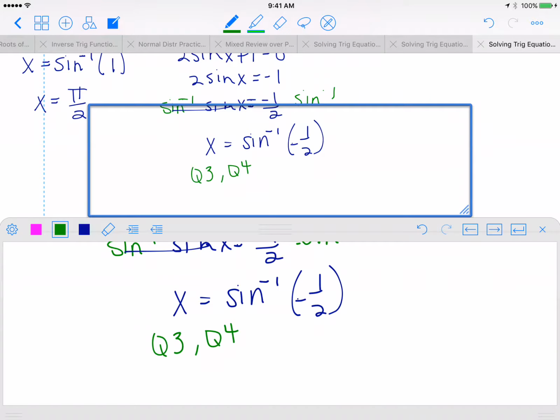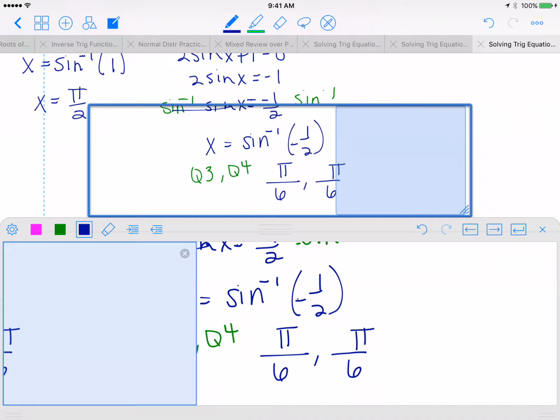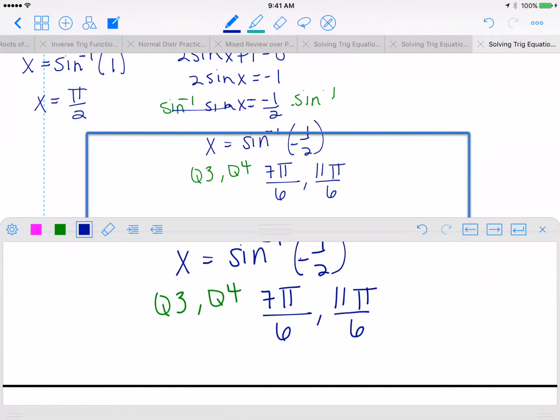So we get the 30-degree family, which would be something pi over 6 and something pi over 6. In the third quadrant, it's 1 more, so you get 7 pi over 6. The fourth quadrant is double minus 1, so you get 11 pi over 6.